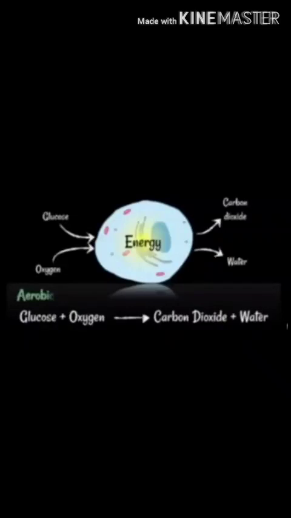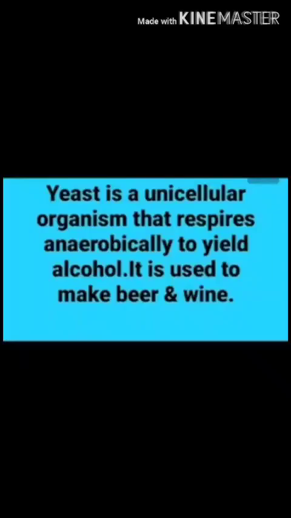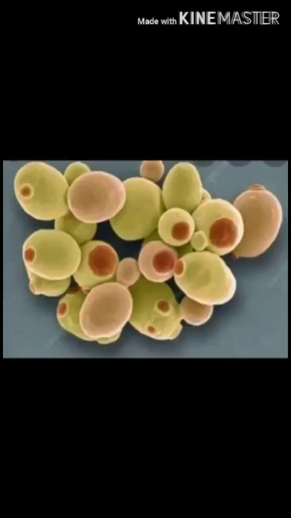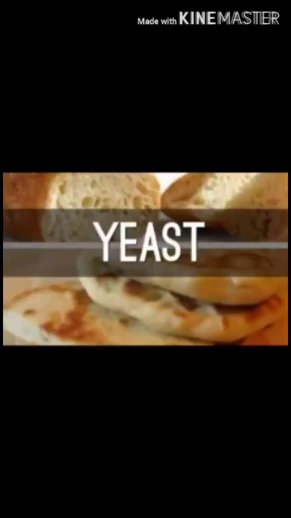Aerobic respiration is carried out in almost all plants and animals. But there are some organisms such as yeast and some bacteria which can live without oxygen. You have studied about yeast in chapter 2. Yeast reproduces by budding, and it is used in the fermentation for breads.